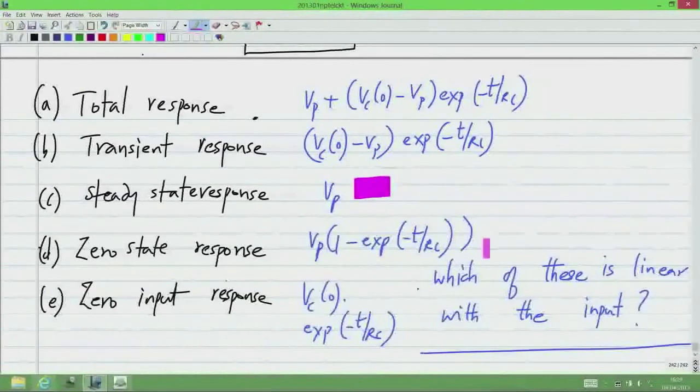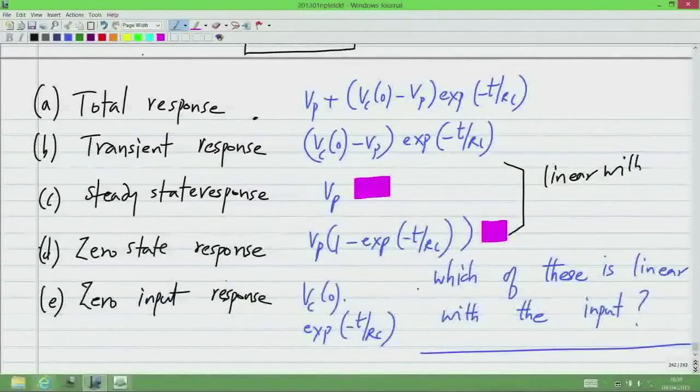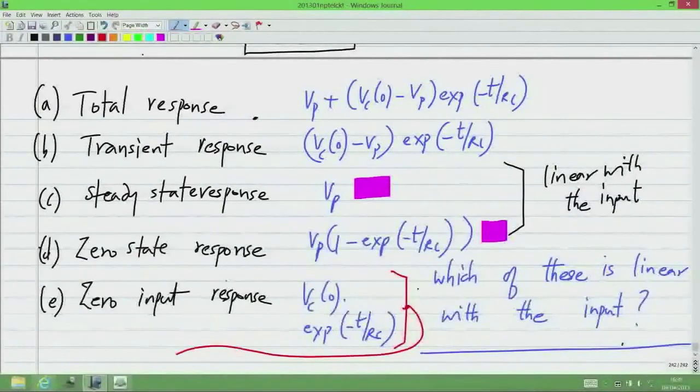So the steady state response and the zero state response are proportional to Vp. So these will be linear with the input. And similarly, this one I didn't ask about, but the zero input response will be linear with the initial condition.